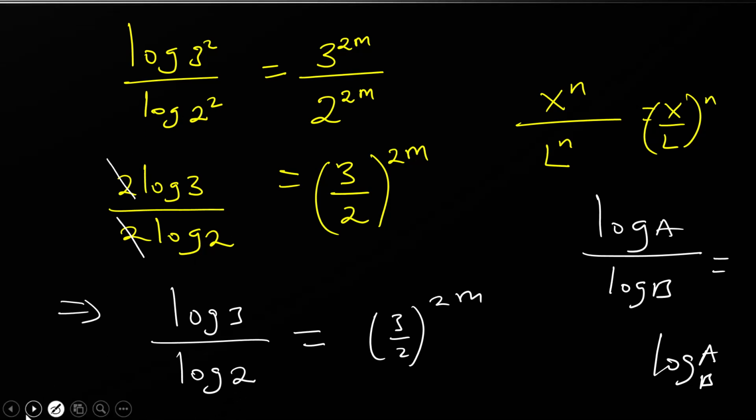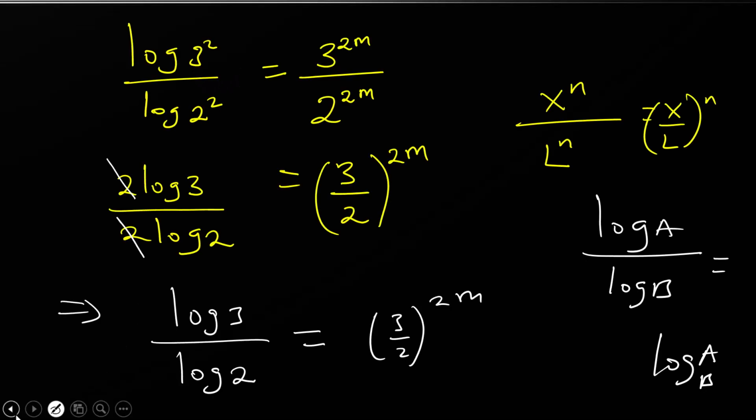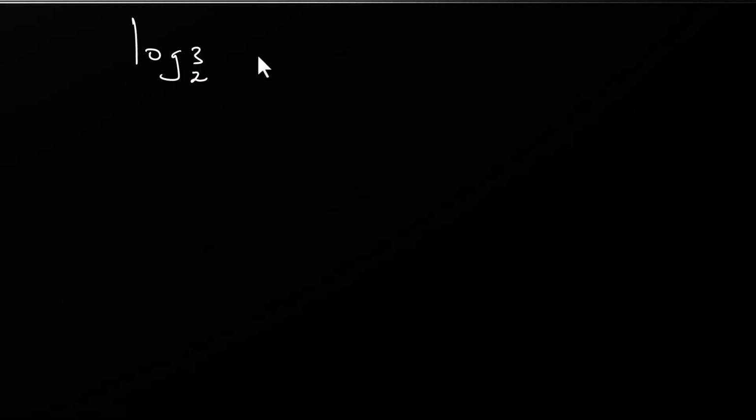So the next step will be log 3 to base 2 equals 3 on 2 all to the power 2m.